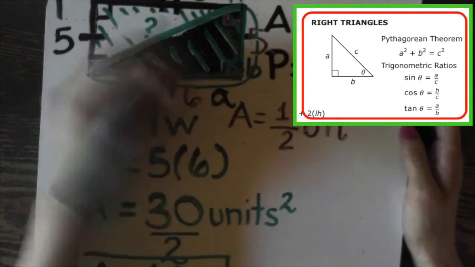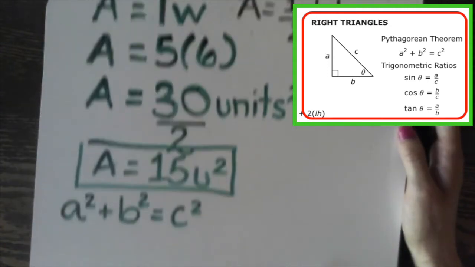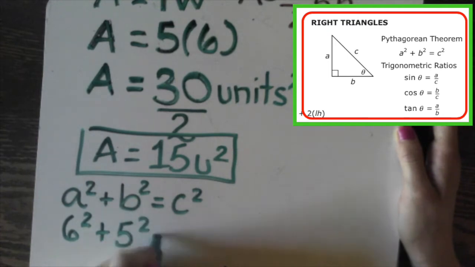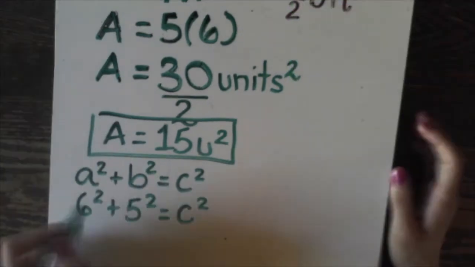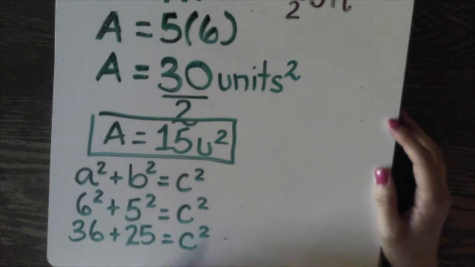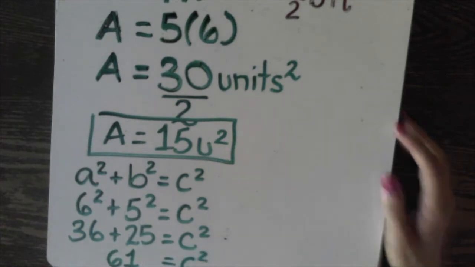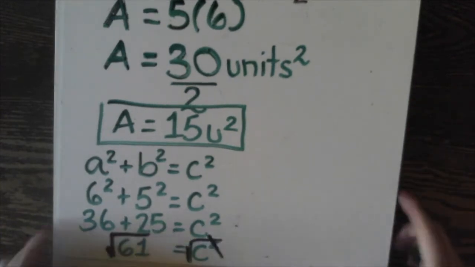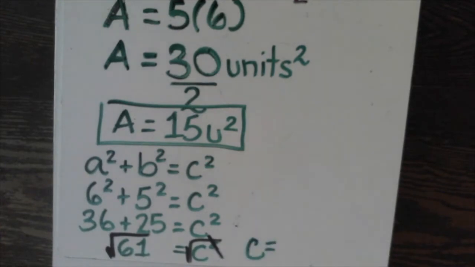You can say A is 6 or A is 5, but C must be away from the right angle. 6 squared plus 5 squared equals C squared. 6 squared is 36, 5 squared is 25, and we bring down the C squared. 36 plus 25 is 61. When we take the square root of 61, I'm actually going to put it into my calculator and get 7.8.